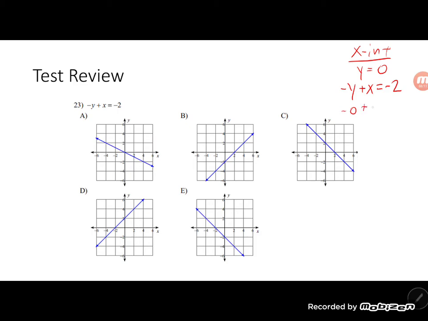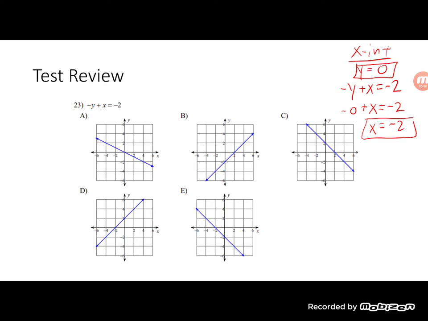Notice that the only variable left to solve for is x, and that's good because we knew what y was, we didn't know what x was. So this can be simplified to x equals negative 2. And look at that, there's nothing left to solve. That was actually a pretty easy question. We found out that x was equal to negative 2.